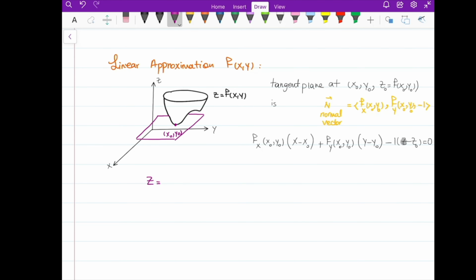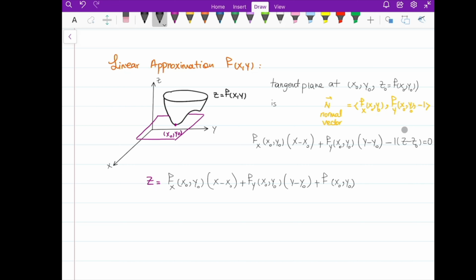So I'm going to write z equals that. I'm going to bring z to the other side, and leave everything else on the left-hand side. So I'm going to have fx at x0, y0, times x minus x0, plus fy at x0, y0, times y minus y0, and I have -1 times negative z0, which would be just plus z0, and z0 is basically f of x0 and y0, so I'm going to write this one.